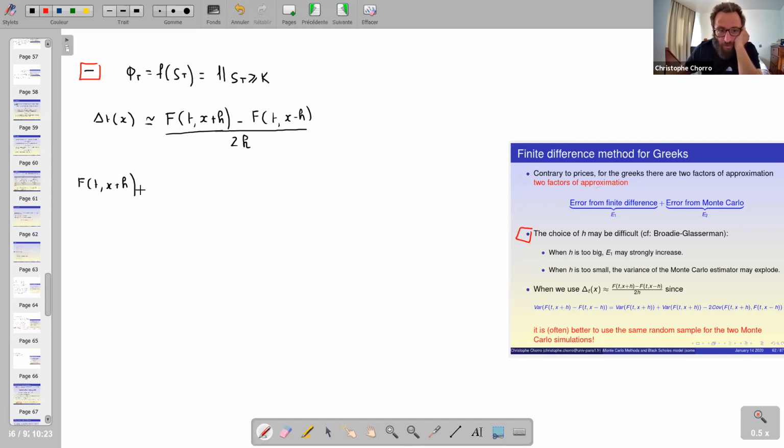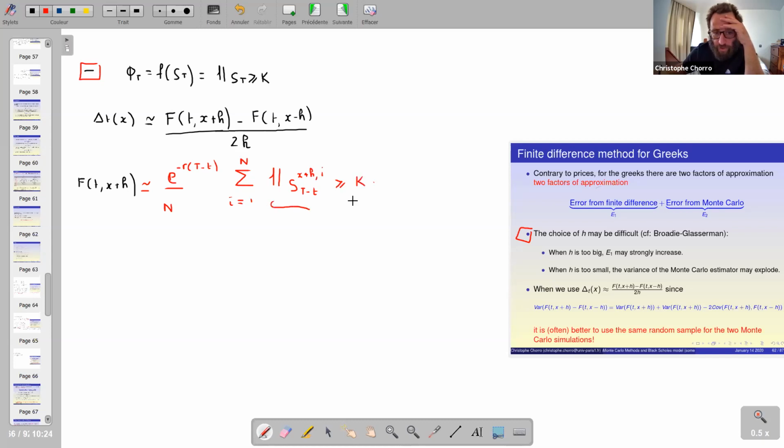By using Monte Carlo methods, I can approximate it by 1 over n, exponential minus r(T-t), sum from i equal to 1 to n of the indicator function of S_{T-t}^i(x+h) greater than K.